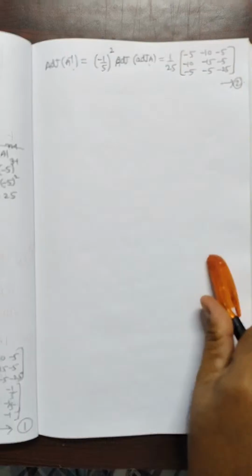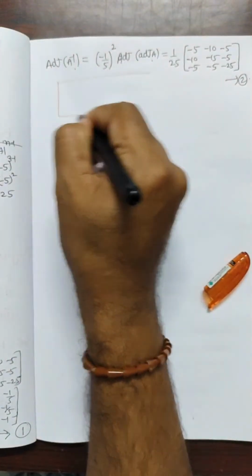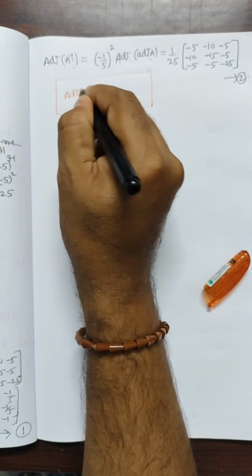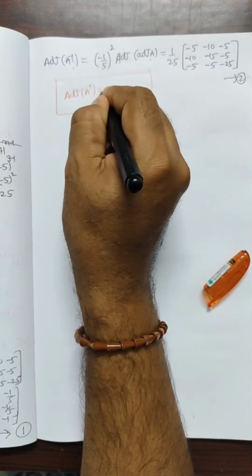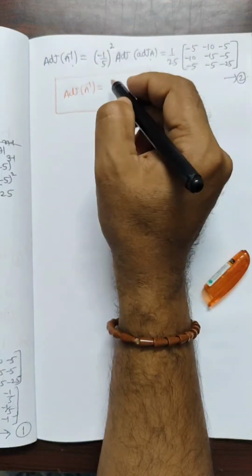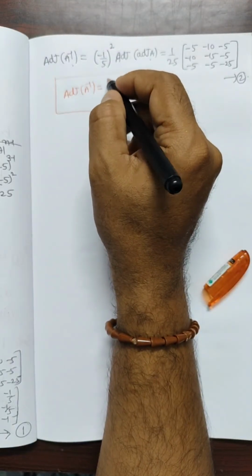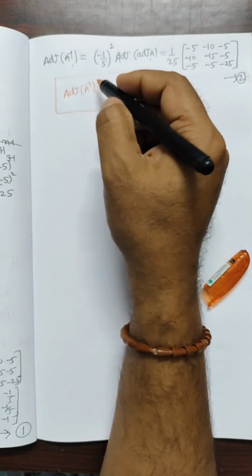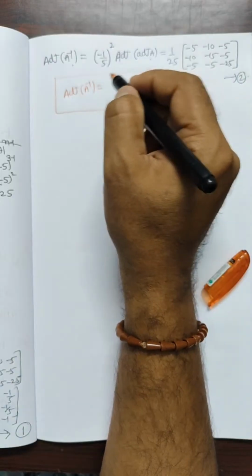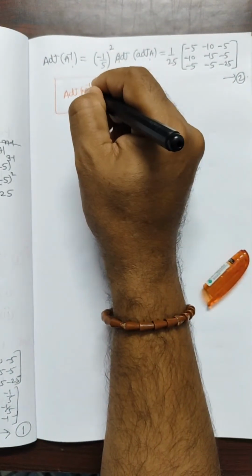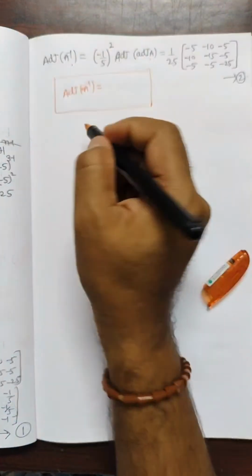Here what property I applied is, here I will write it, that is better to understand. Adjoint of A inverse is equal to adjoint, using the property adjoint of K into A inverse. Better to write in another way.